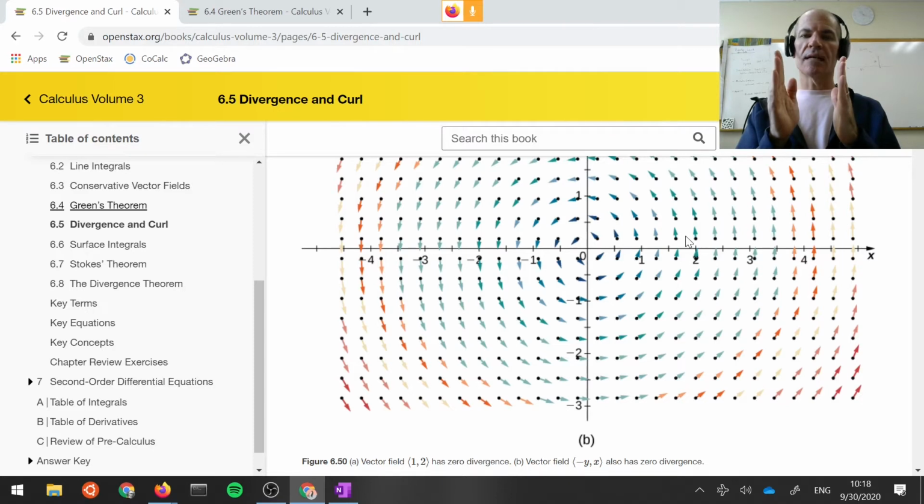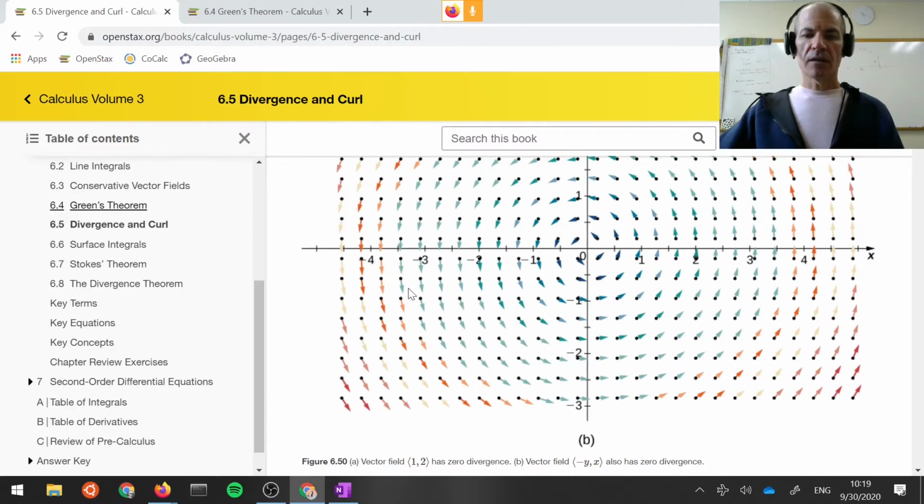Now, if I imagine that that's fluid flow, and there's a little ball sitting between those 2 arrows, the flow on the longer arrow side is going to rub on the ball a little bit more than the flow on the left arrow side. The net effect is going to be a little bit of rotation in the counterclockwise direction. And so I can say pretty definitively that the curl at this point will be positive.